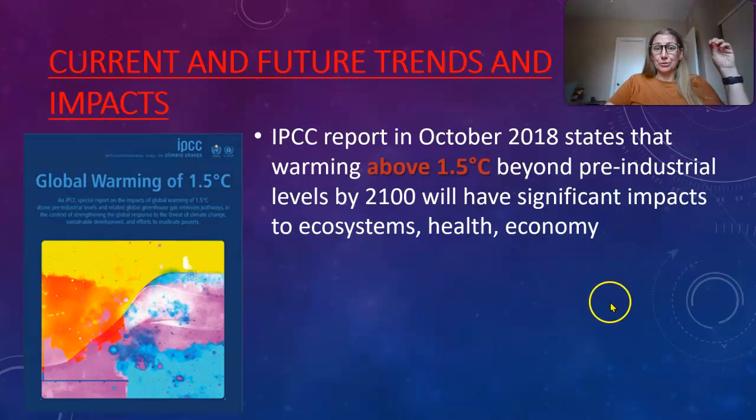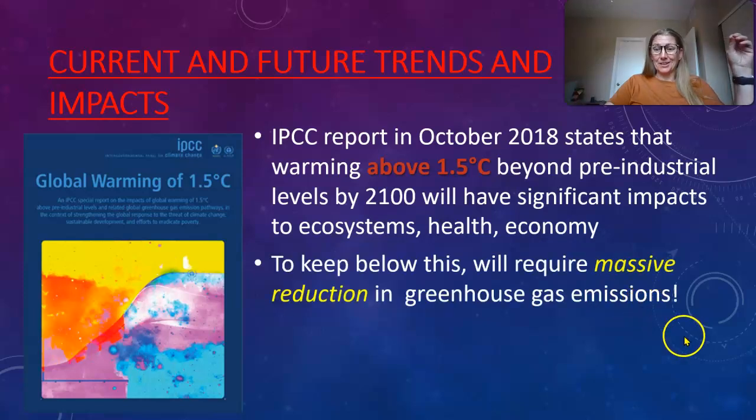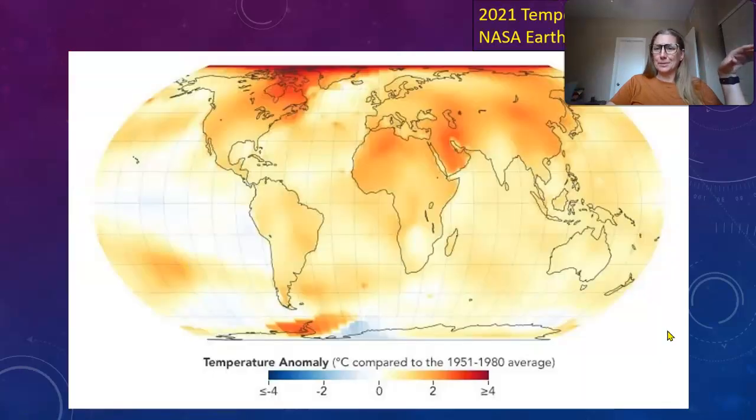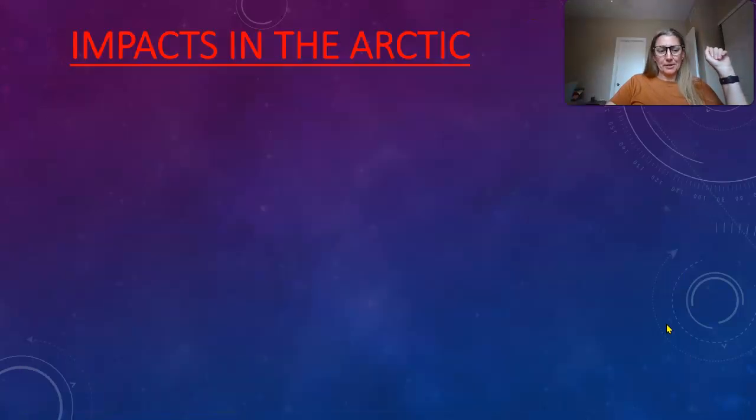We have got to reduce the warming. How do we reduce warming? We reduce greenhouse gas emissions. Easier said than done. All right, let's talk impacts. Like, what does all this mean? I'm just going to skip over that for sake of time. So let's first look at impacts in the Arctic, in the northern hemisphere, the far north.